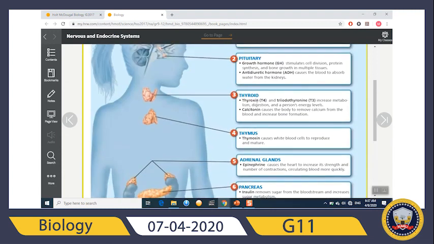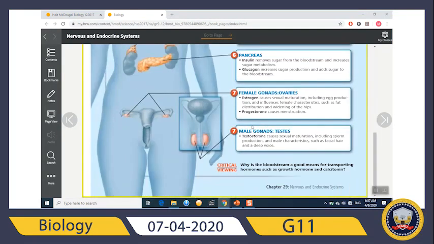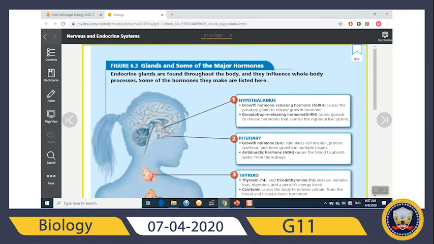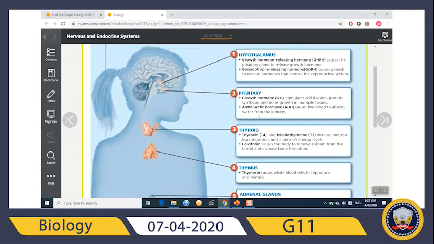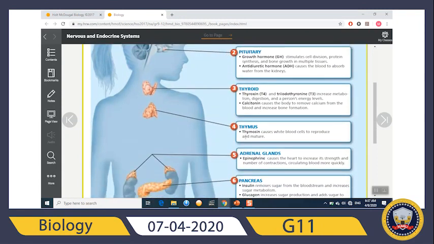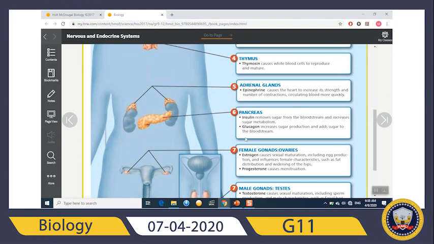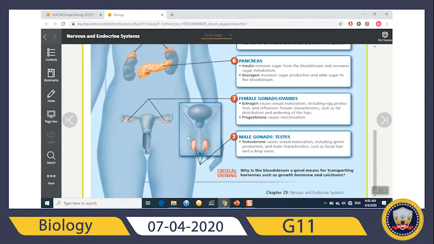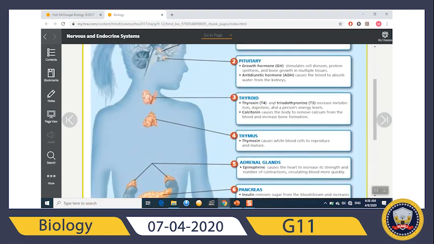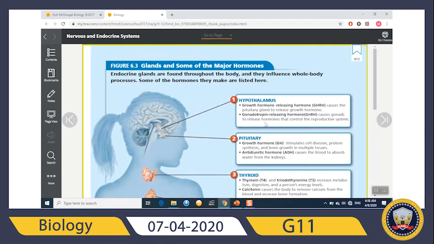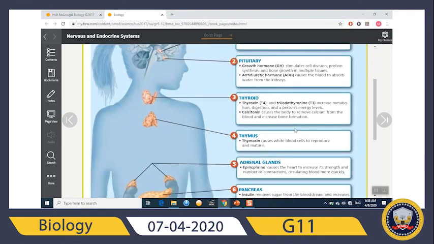So, these are the glands, the organs, that the endocrine system is composed of: hypothalamus, pituitary gland, thyroid, thymus, adrenal glands, pancreas, and the gonads, the ovaries in female, testes in male. Each gland has its own function and is responsible for releasing certain hormones that affect certain functions in the body.